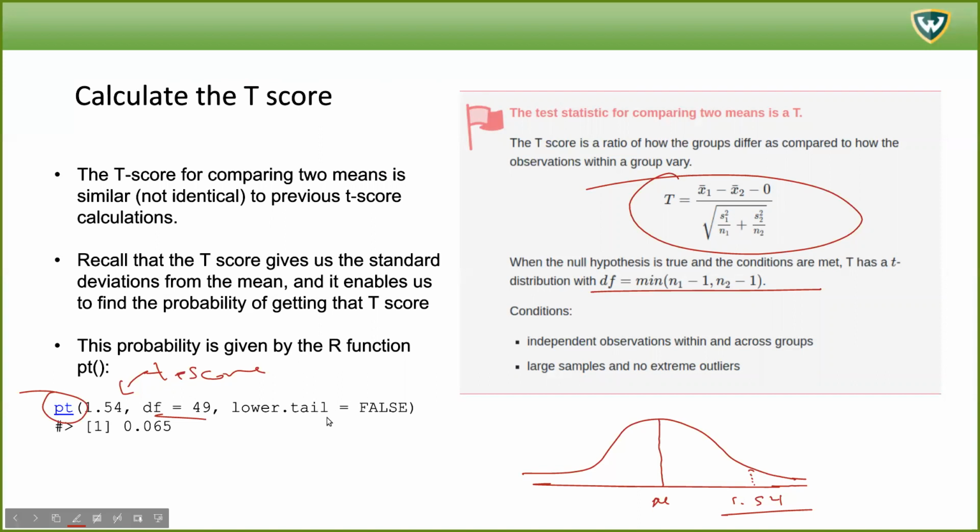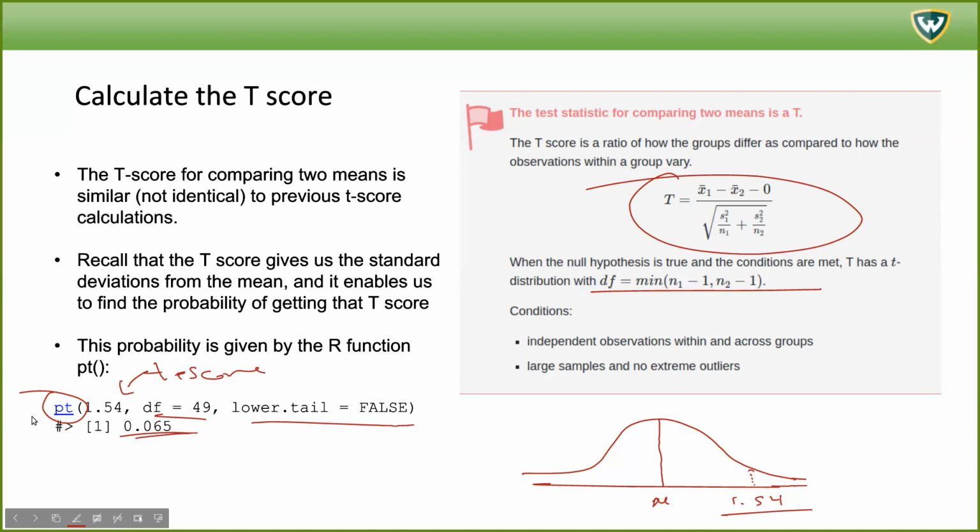And there's a little bit of a tricky thing here when we use this probability function, and that is it counts from the left. So if we are using a positive t-score, which is going this way, there are different ways to go about it, but we want to include the lower.tail parameter as false. And that gives us a p-value that we can work with directly.